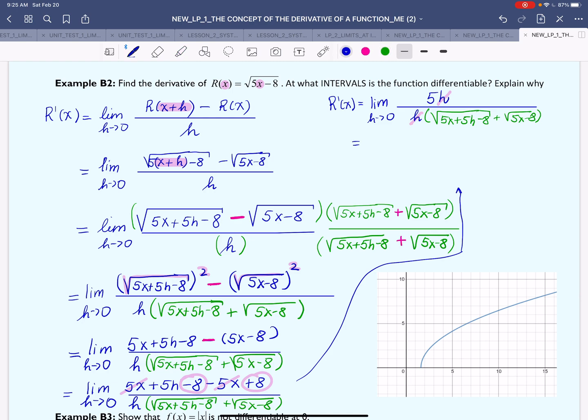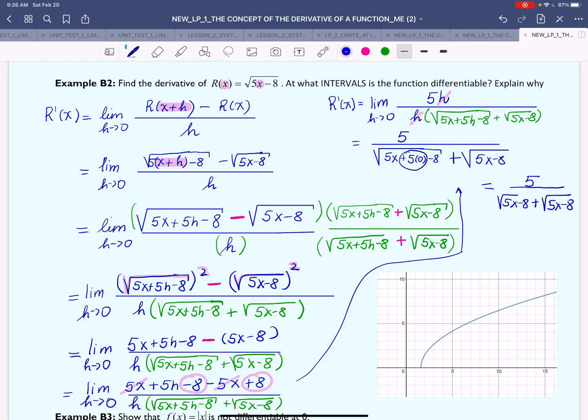And this will be ready to evaluate, so that would be 5 divided by the square root of 5x plus 5 times 0 minus 8 plus root of 5x minus 8, which will give 5 over, remember that this will be 0, so we have a root of 5x minus 8 plus the root of 5x minus 8.